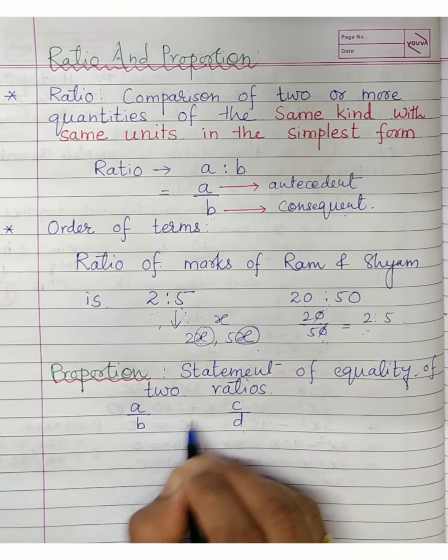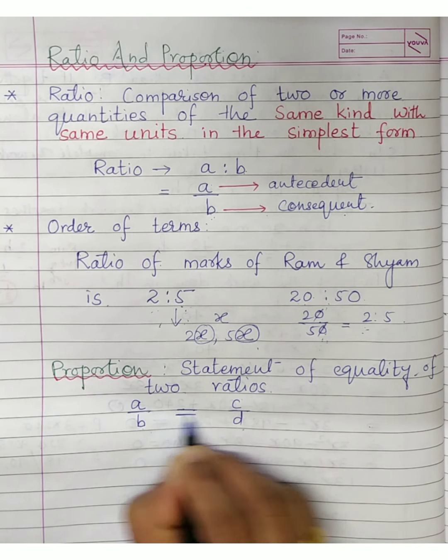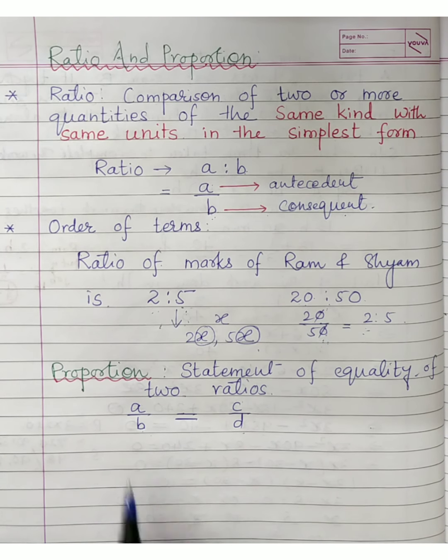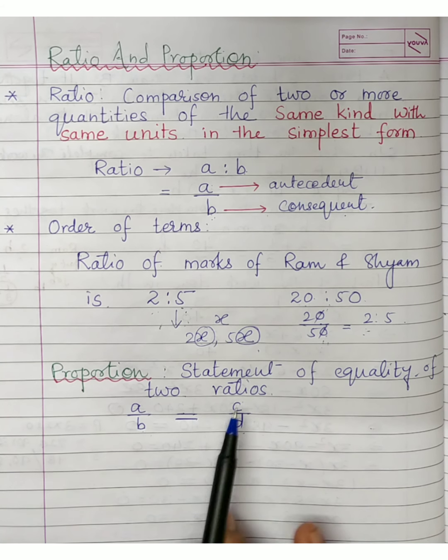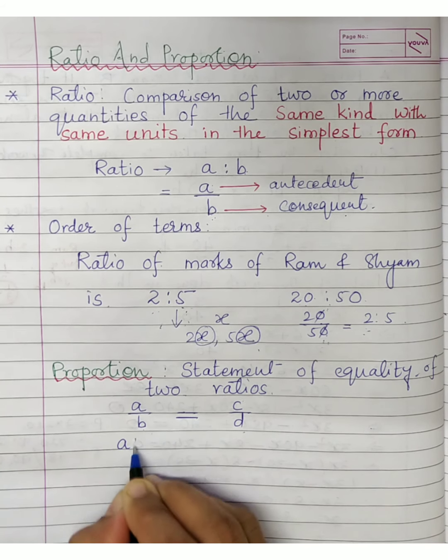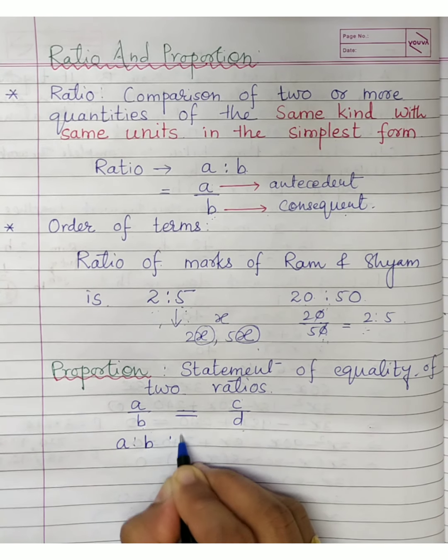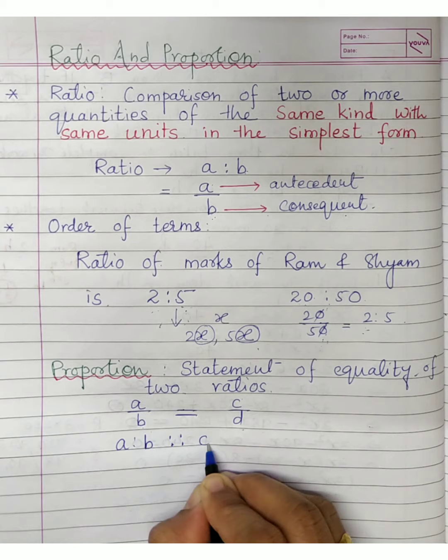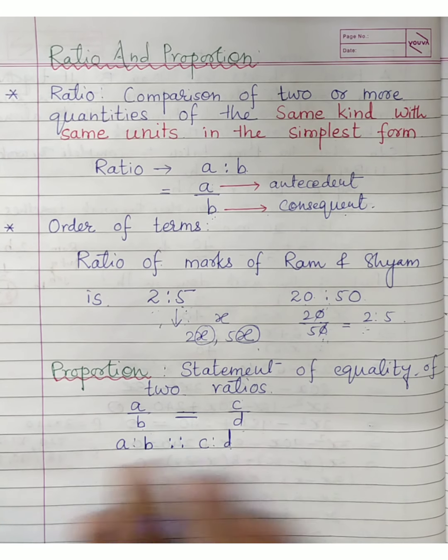Now if these two different ratios we make equal, then I get A upon B is equal to C upon D, which I can also write as A is to B is in proportion with C is to D. Any way you can write.